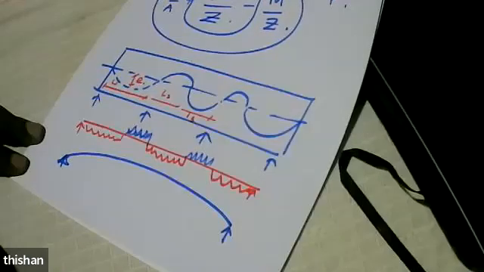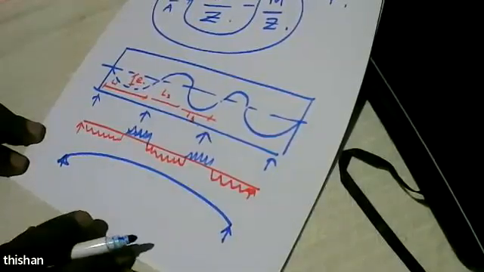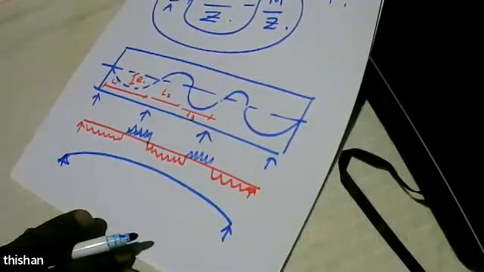But can it actually happen in practice? No, because there's dead weight and there are supports. Because of all these supports, when the beam tries to lift upwards like this, what will happen?